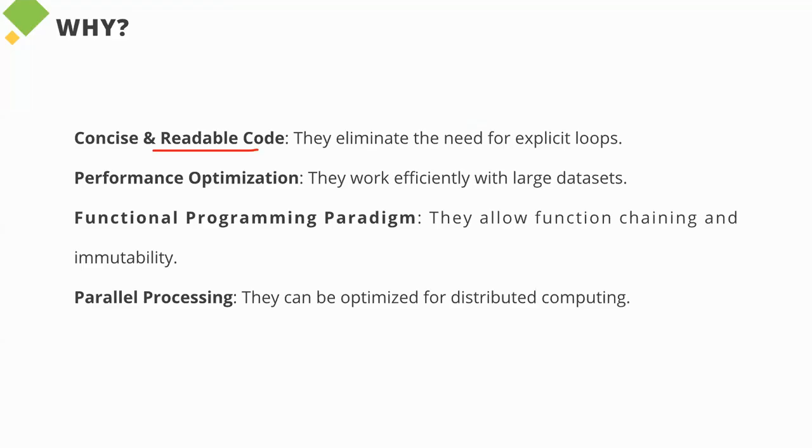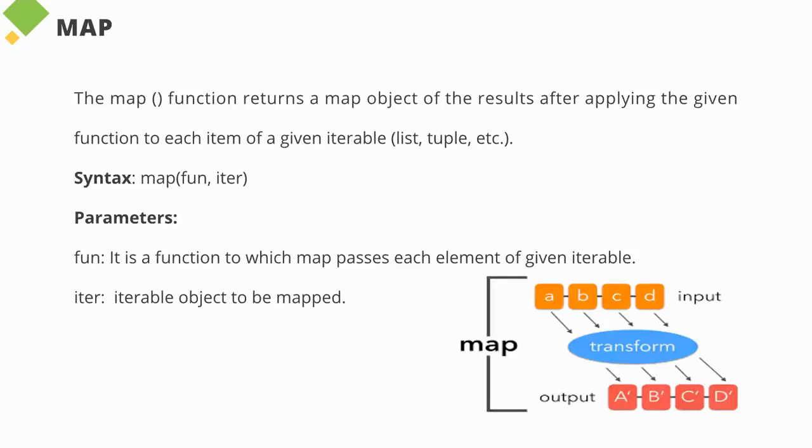They help in performance optimization, as with large data sets we can use them to extract our relevant data. And for parallel processing, if we use these functions, we can perform multiple operations in a single go. Let's see why we need them.